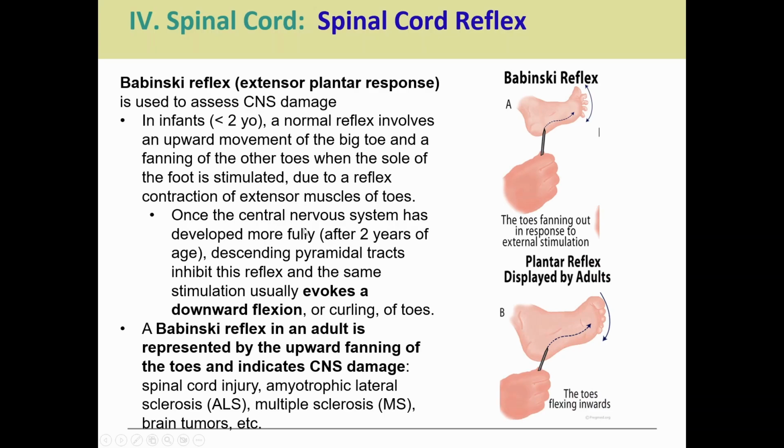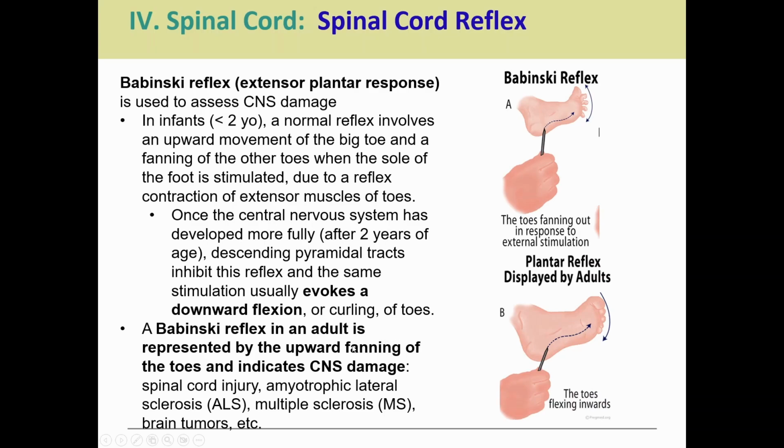Once the central nervous system develops more, after around age 2, we don't get this same reflex. With the same stimulation, we see the toes curl down and inward. So we can use this to determine if someone's nervous system is functioning correctly.